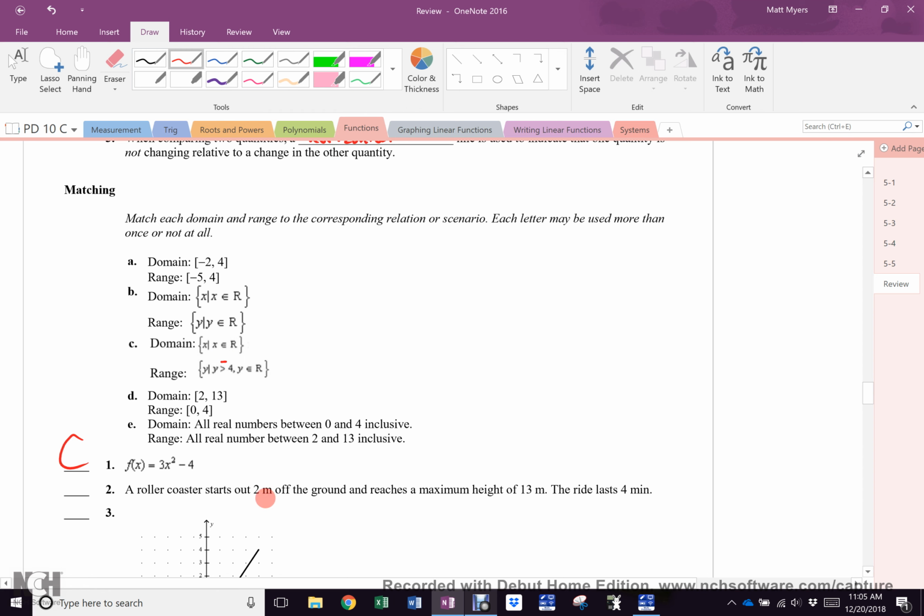Roller coaster starts 2 meters off the ground, goes to a maximum height of 13. That's my DV. Ride lasts 4 minutes, 0 to 4. That's my IV.